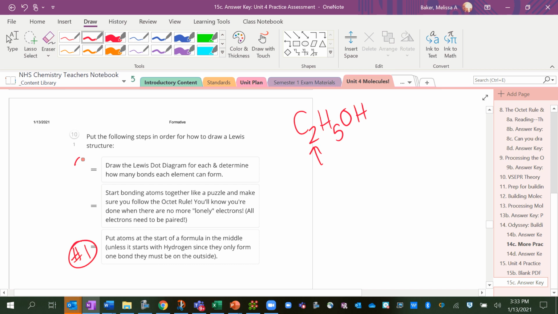And then step 2 is to start drawing their Lewis dot diagrams and figuring out how many bonds each can form. And then step 3 is start bonding atoms together like a puzzle and make sure you follow the octet rule. You'll know you're done when there's no more lonely electrons to pair up.